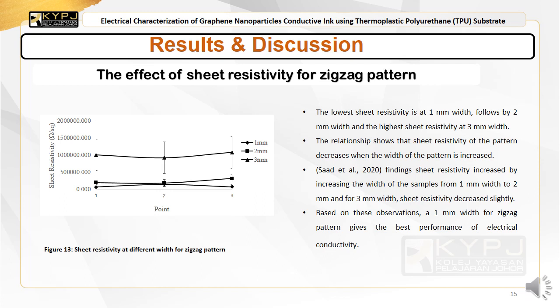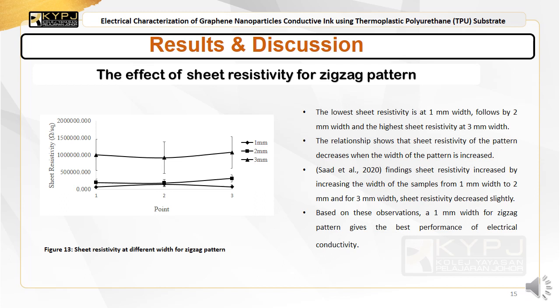Figure 13 shows the sheet resistivity at different widths for the zigzag pattern. Based on the figure, the lowest sheet resistivity is at 1 mm width, followed by 2 mm width, and the highest sheet resistivity at 3 mm width. The relationship shows that sheet resistivity of the pattern decreases when the width of the pattern is increased.